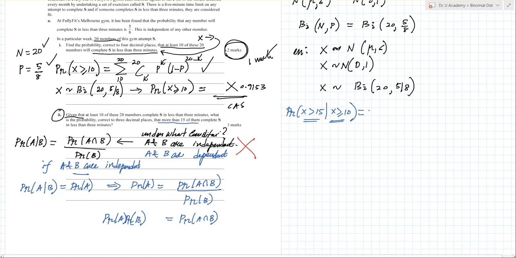So the probability of X greater than 15, then the probability of X greater than or equal to 10 divided by the probability of X greater than or equal to 10, because I told you this one should come here.